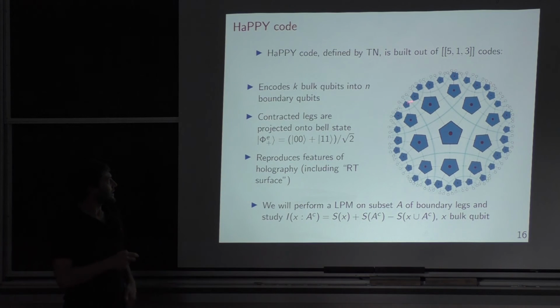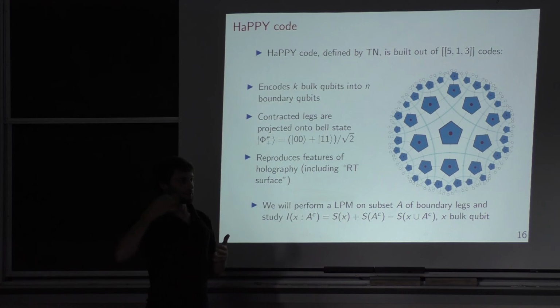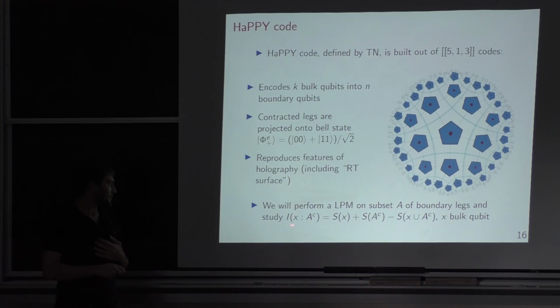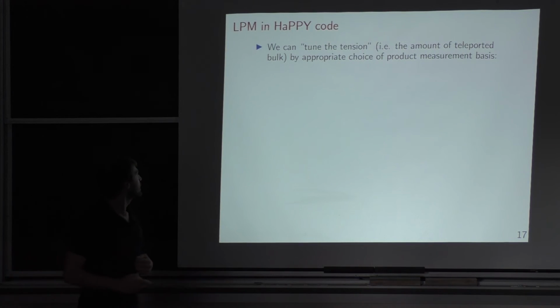So what we will do here is take some subregion A, perform a projective measurement of the external legs, and then study whether the bulk qubits are still reconstructable in the remaining subregion. To do that, we study the mutual information between each bulk qubit and the remaining boundary. You can do this numerically pretty easily.